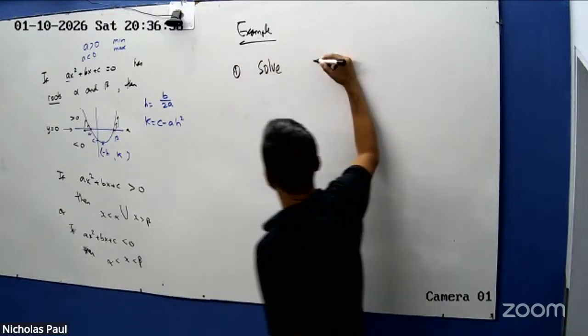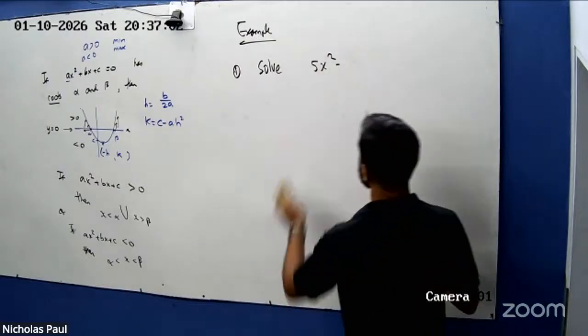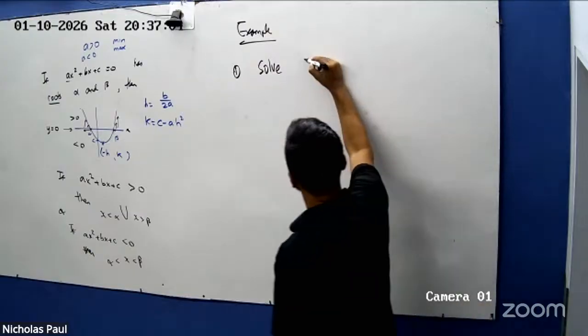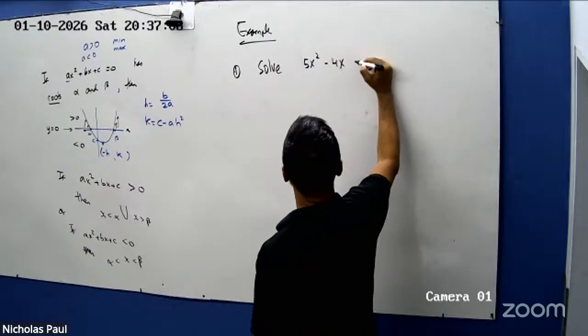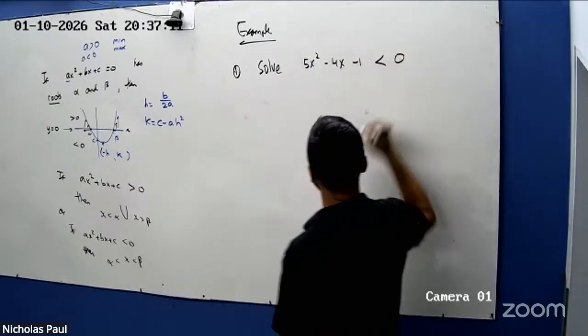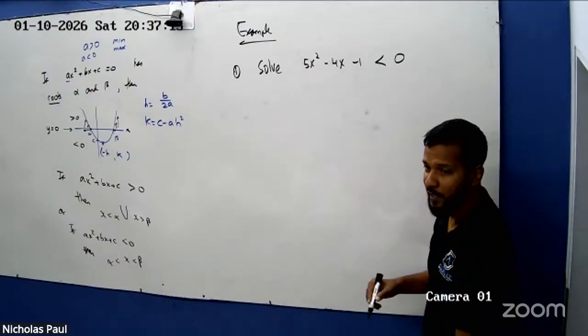Let's see if we could solve something like this: 5x squared minus 4x minus 1 is less than 0. How do we solve it? We need a few steps.